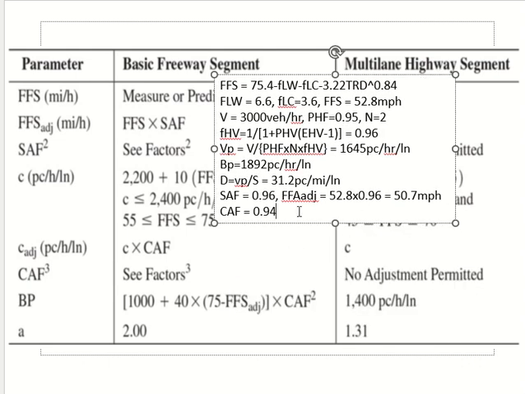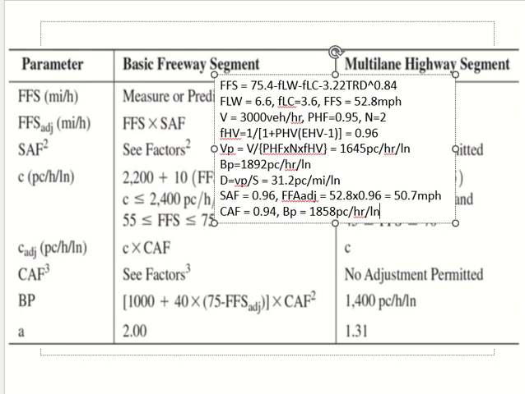Okay, what's the break point? 1,858. Okay.